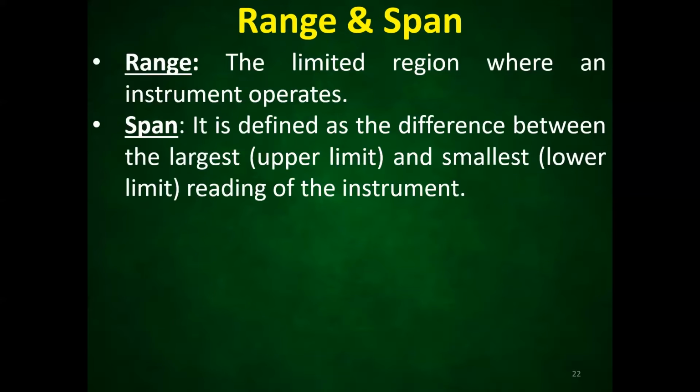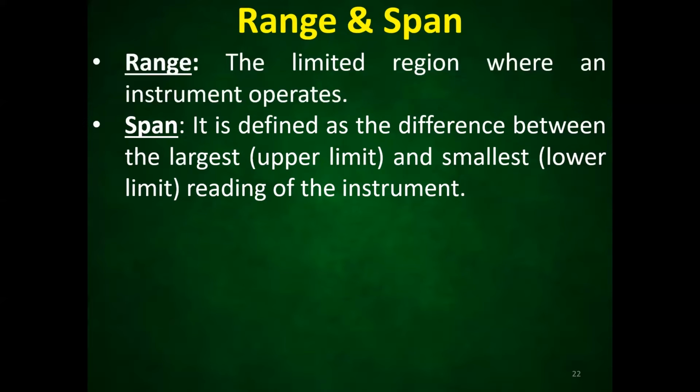Similarly, span means it is 200 actually. That is the difference between the upper limit and the lower limit. In the earlier example, 0 to 200 kilometer per hour, what is the exact span? Span is 200. That is the number only. That means the highest value minus the lowest or lower threshold value.